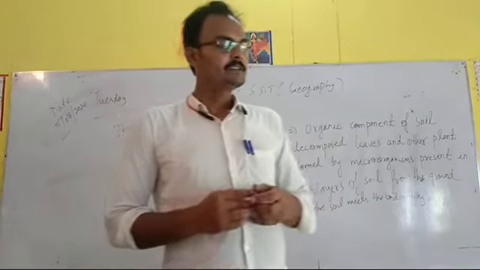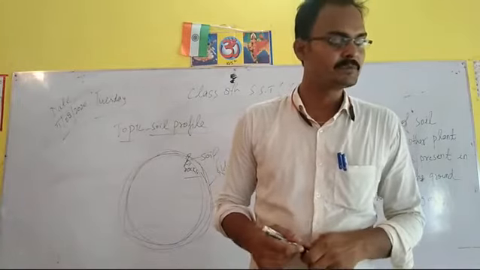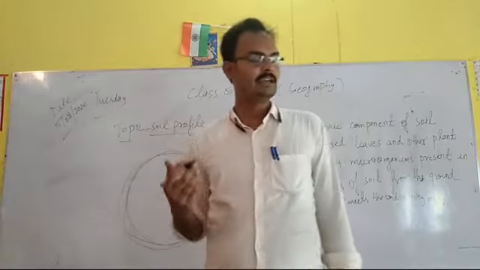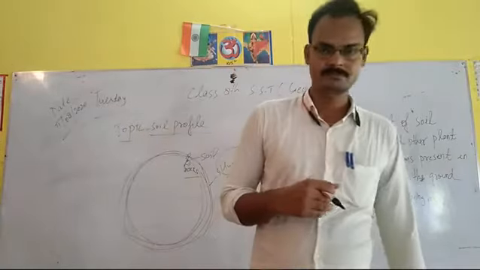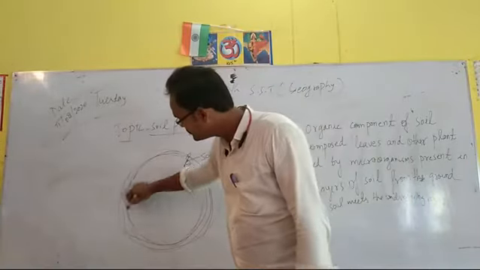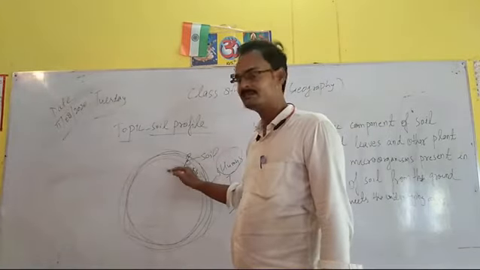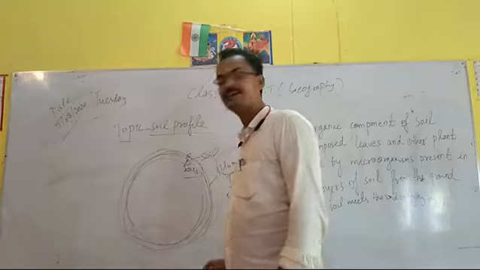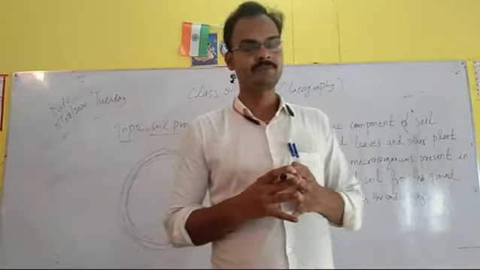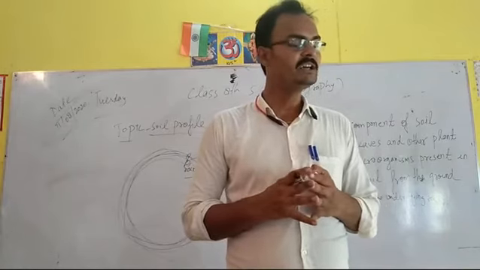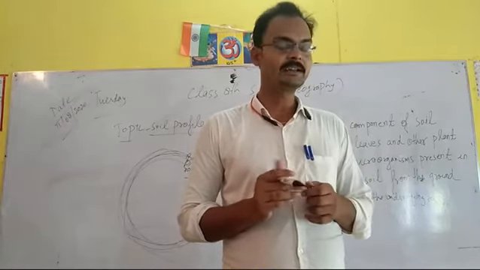So students, these are the four main layers of the soil: topsoil, subsoil, substratum and bedrock. After the rock of the earth, this thin layer of soil has four parts, and we can elaborate on them. What is topsoil?